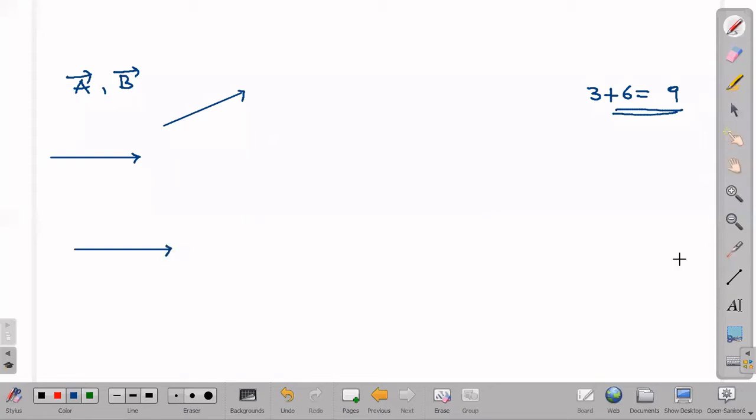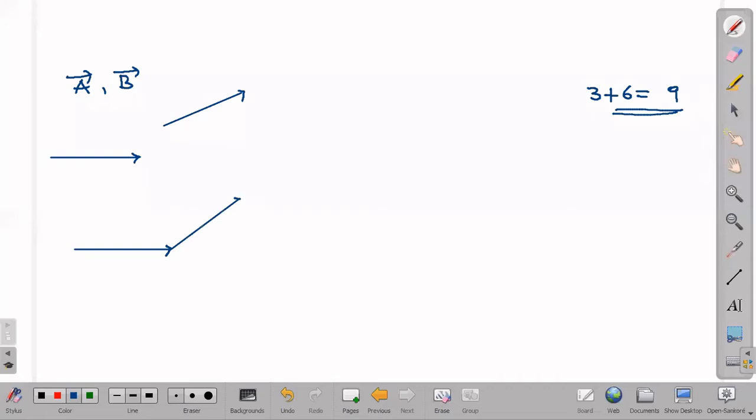Now, what next am I doing? I am bringing the second vector's tail to the first vector's head, like this. The direction is the same direction I am maintaining over here.